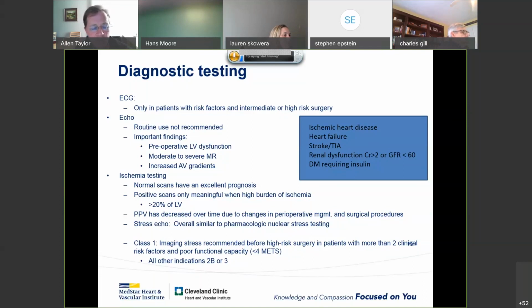And so at the current time, the only class 1 recommendation for imaging stress testing is before a high-risk surgery in patients with more than 2 clinical risk factors and who have poor functional capacity. And all other indications for stress testing prior to non-cardiac surgery are either a 2B or a class 3 recommendation. So in large part, not recommended.